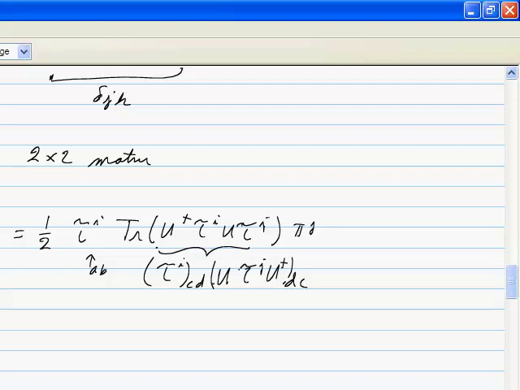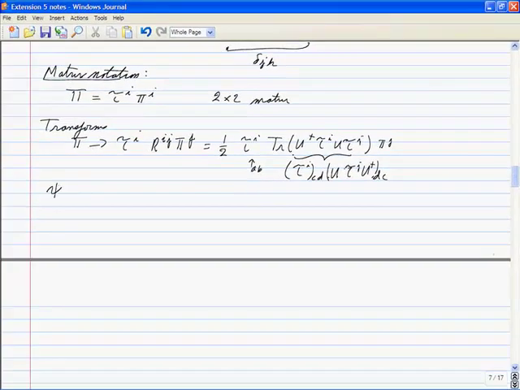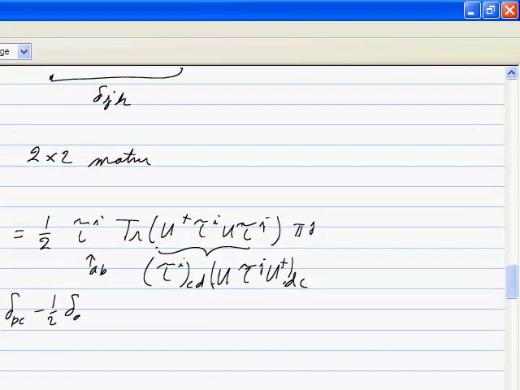This then turns into tau I R_ij pi j AB, which is then 1/2 times 2 delta AD delta BC minus 1/2 delta AB delta CD, times 2.